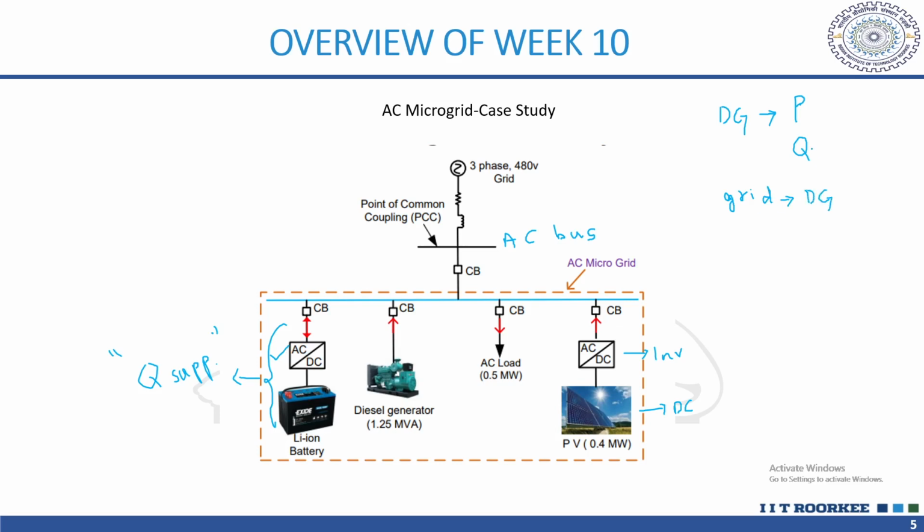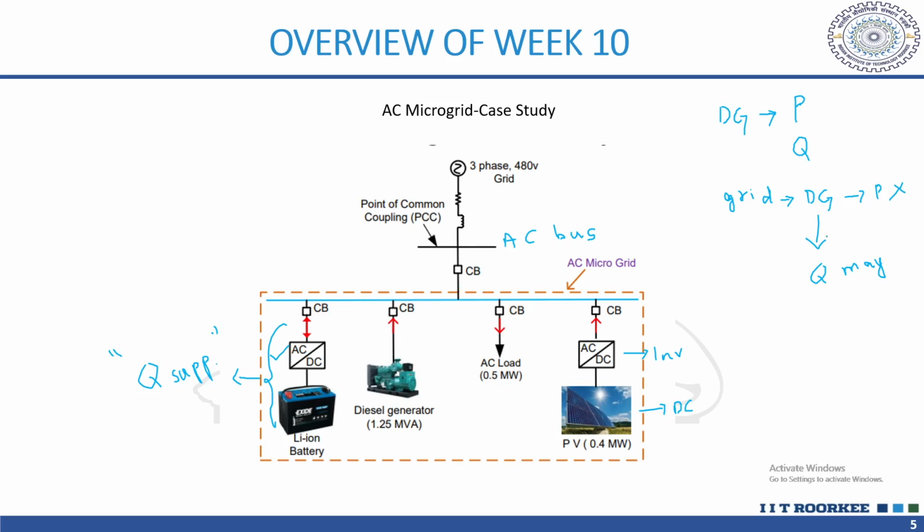Because grid connected means P we can get from the grid, and in grid connected mode we don't require this P support from the DG, but this Q support we may require, because even though the batteries are giving us the Q support, they may not be always sufficient to regulate the voltage at this bus.